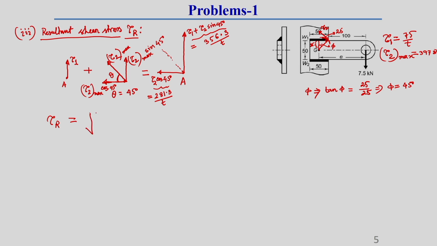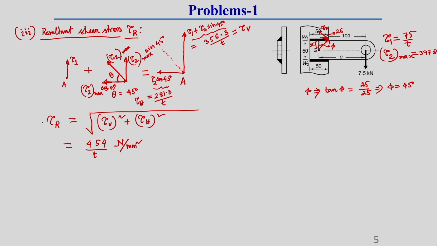So, the resultant component will be, let this vertical be our tau v and let this be our tau h, the horizontal component. So, the square root of tau v square plus tau h square. Here the resultant shear stress component we are getting as 454 divided by T, its unit will be Newton per millimeter square.